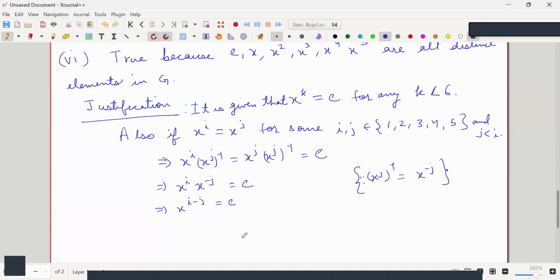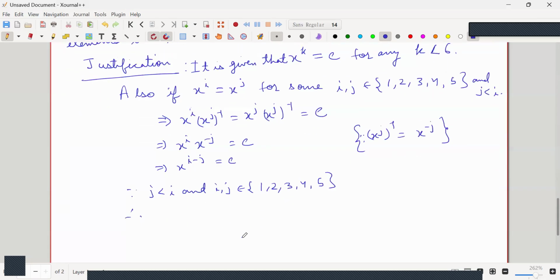Since i and j are both inside 1 to 5, this number cannot exceed 5 and it is positive as well.